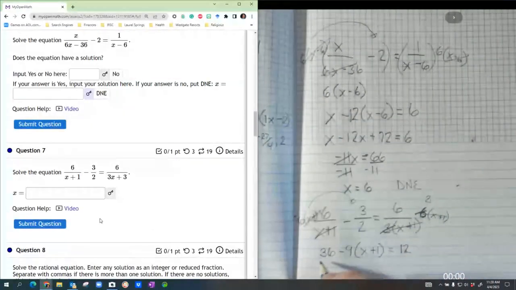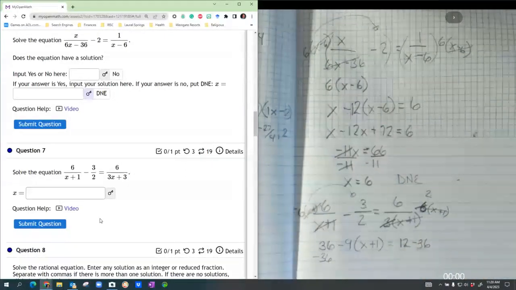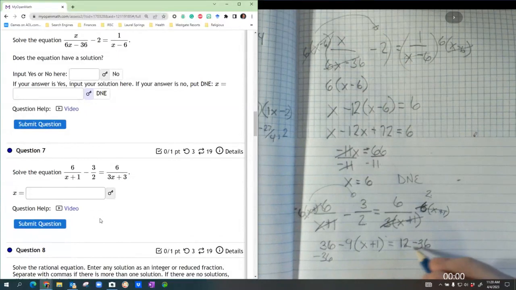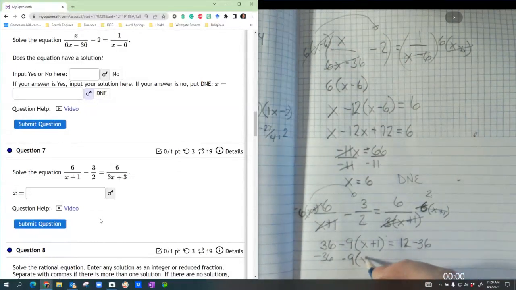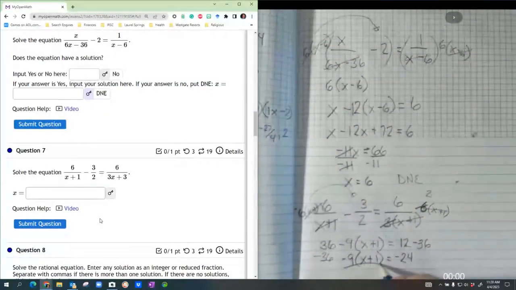So now I have to go ahead and subtract 36 from both sides. Okay. Now that's going to give me negative 24. All right. And then I'm going to go ahead and divide both sides by 9.